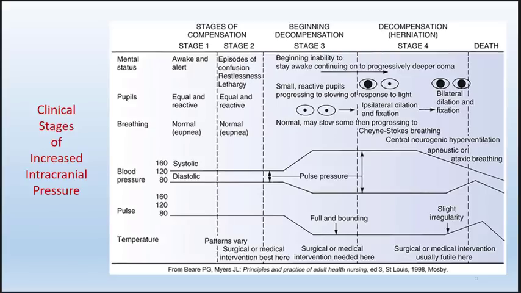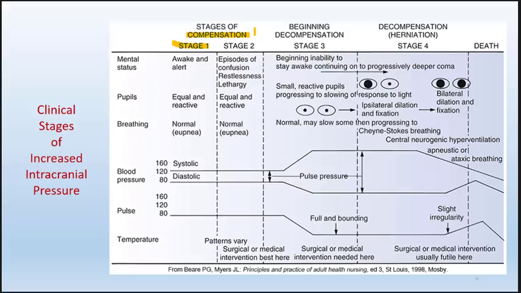This chart here summarizes the clinical features of each stage of intracranial hypertension, or increased intracranial pressure. And what you can see is that in stage 1, so remember, stage 1 and stage 2 is really when we're in the compensation stages where our brain has that built-in autoregulation that can adjust for some of these changes. But in stage 1, the person would present normal clinically, and we talked about the asymptomatic nature of this stage.